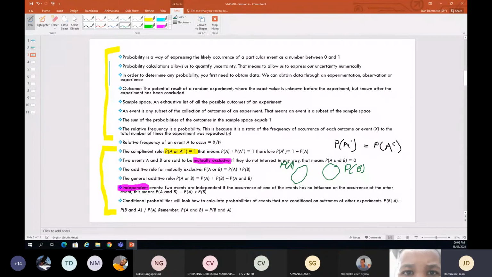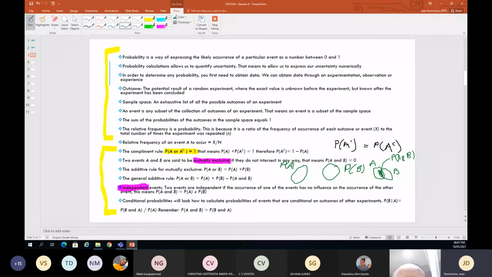When there is an intersection, we know that that part is the AND. Let me just write that. That part is the probability of A and B. So a part of it is because of A, and a part is because of B.